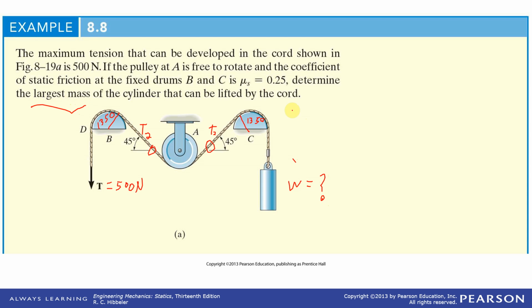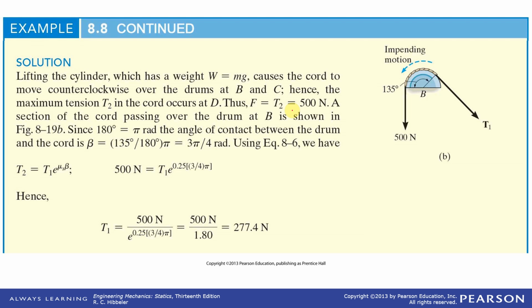Coefficient of friction, 0.25. So we look at this wheel and we say, okay, what does T1 have to be? Well, it's just taking this equation. Mu s is 0.25, and beta is 135 degrees. You've got to convert it to radians, though.